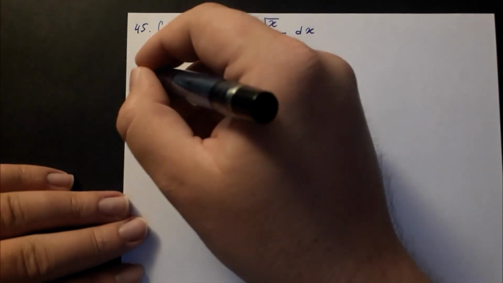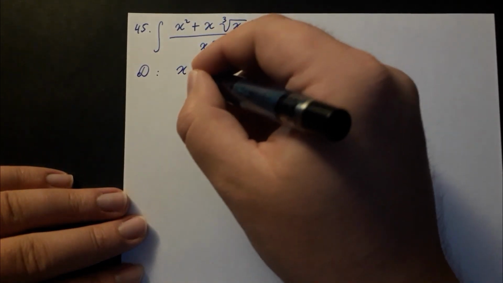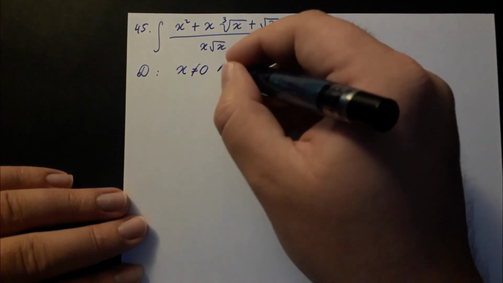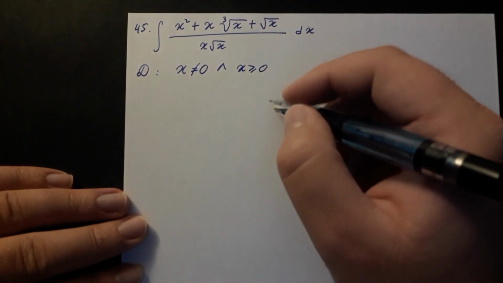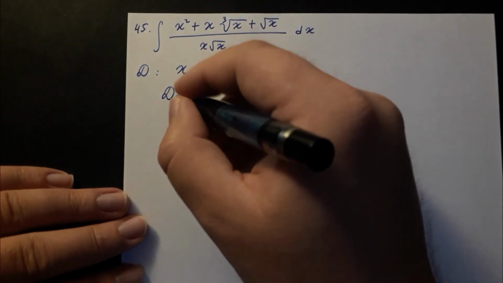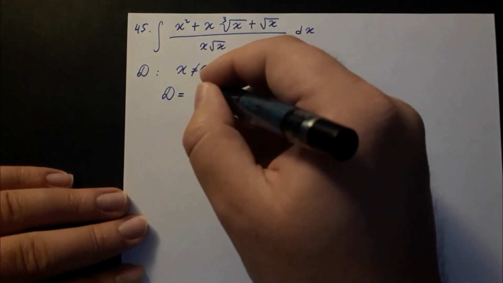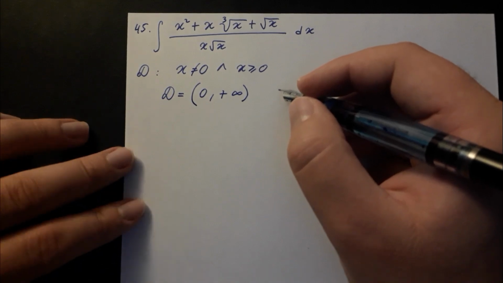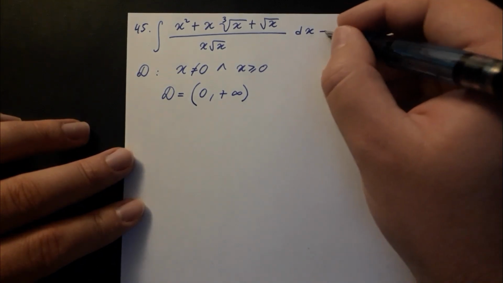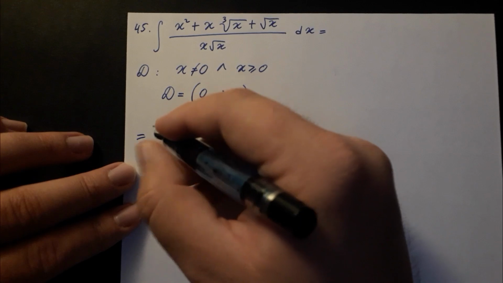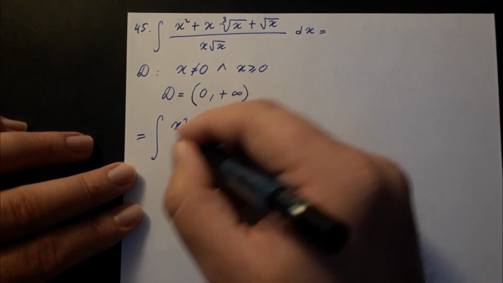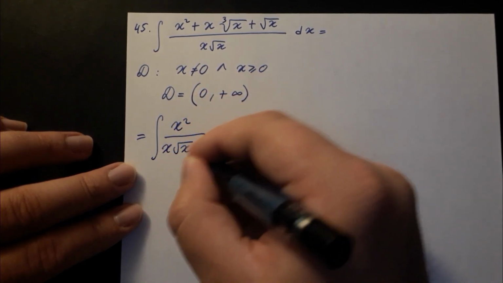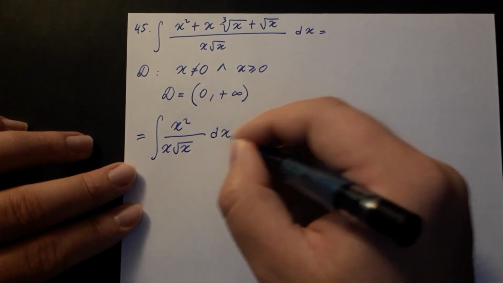Now this integral is defined when x is different from 0 and x has to be larger or equal to 0. So the area in which this integral is defined is for 0 to positive infinity and an open interval for that matter.